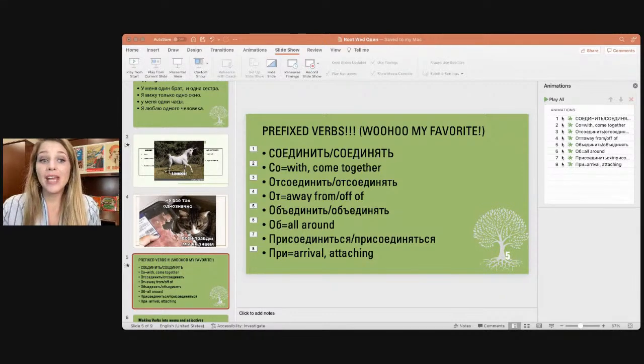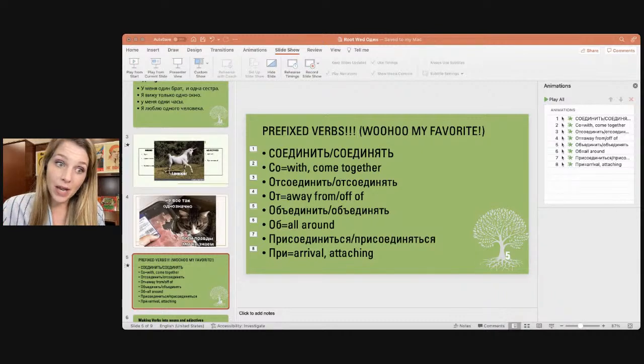And then we're going to create an adjective out of this. Okay, so this is technically what's called a past passive participle, and we get a word like соединенный, which is very important to note if you are from the USA. So let's look at some of these words in context. Okay, let's look. Соединенные Штаты Америки, the United States of America.